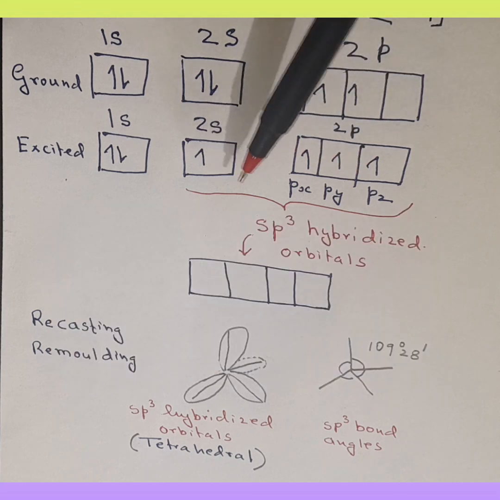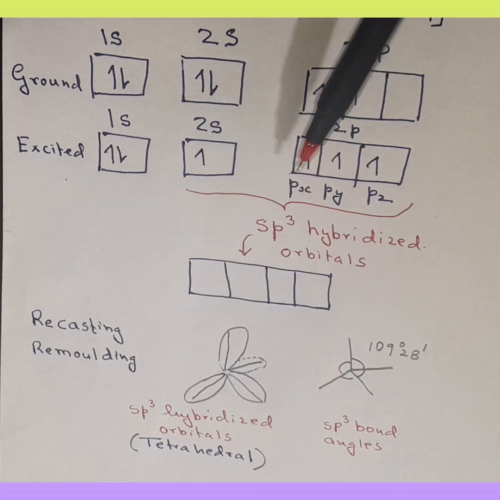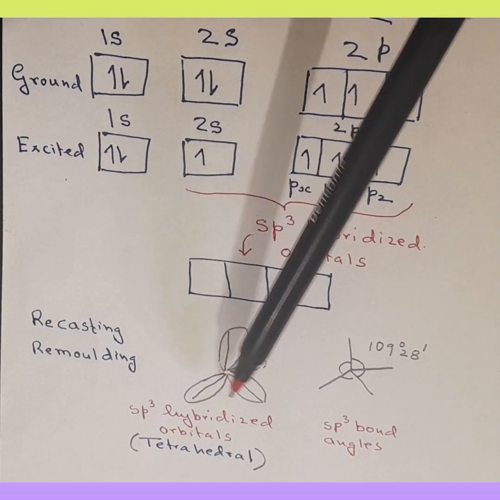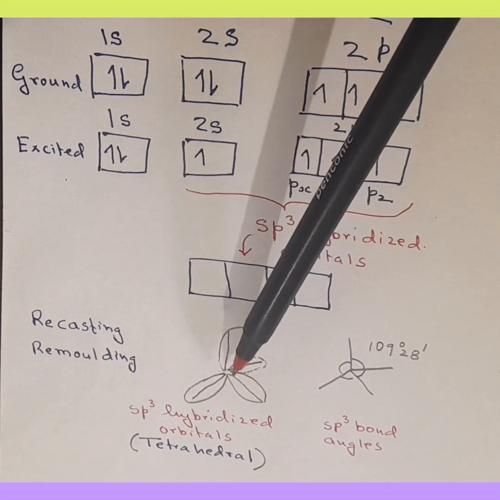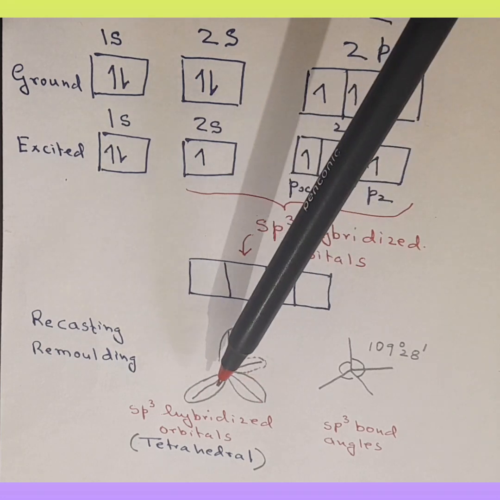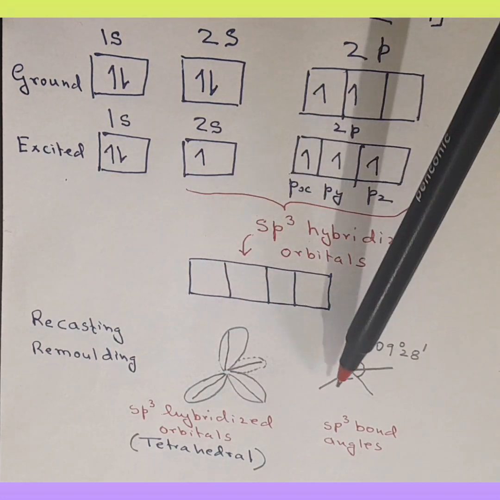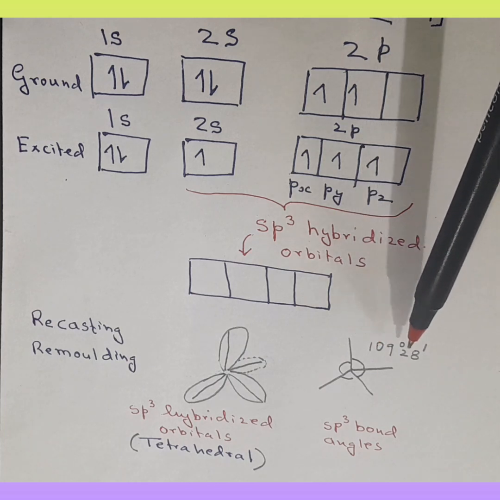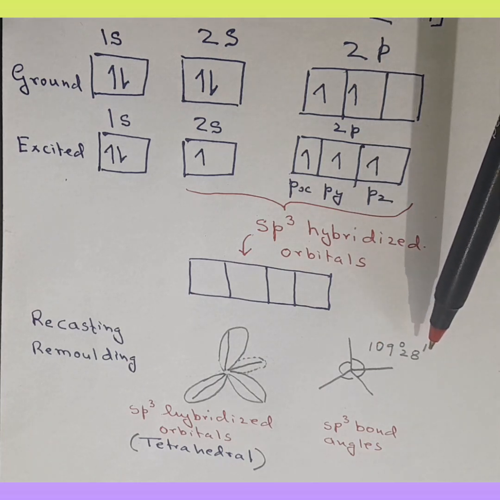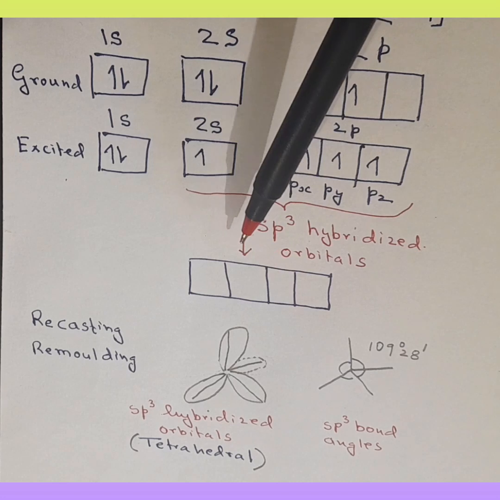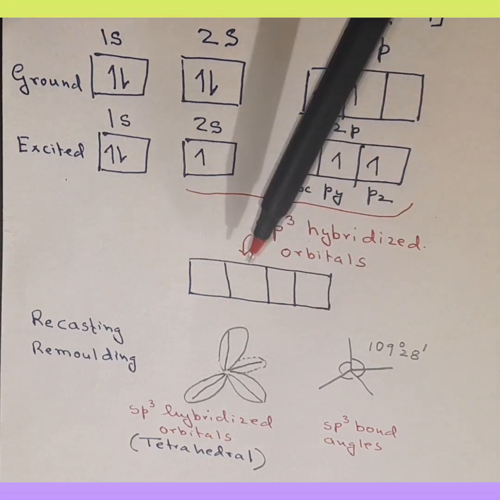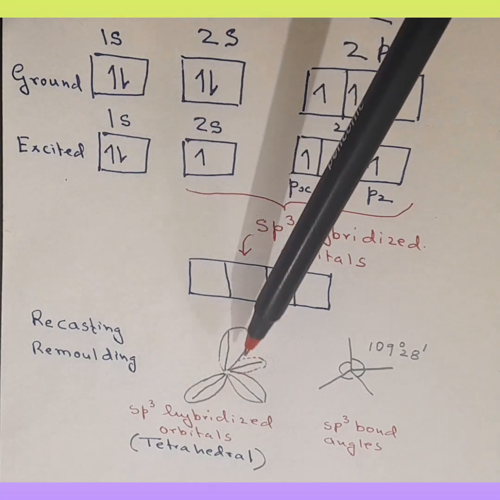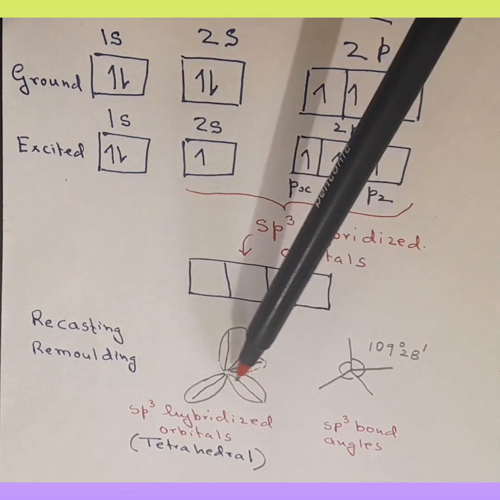But after remixing, recasting and remolding, what we end up with are pear shaped orbitals. All four orbitals are identical. Their bond angles are also identical, that is 109 degrees and 28 minutes. So now what we have got are sp3 hybridized orbitals which are identical in all respects.